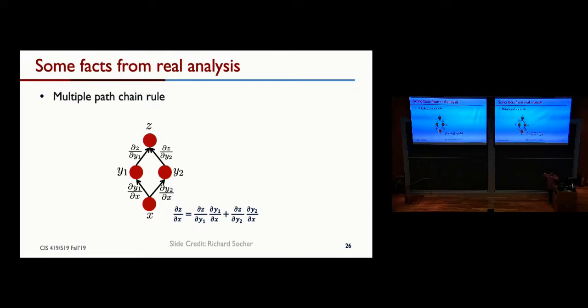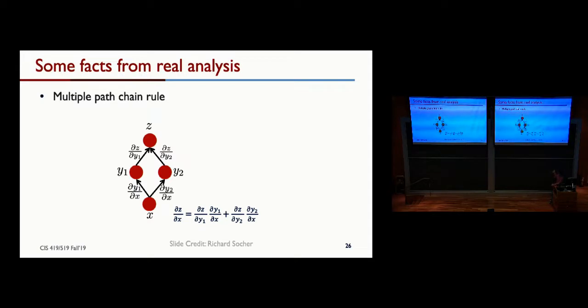Okay. One possibly last composition is if z is a function of x, but there are multiple ways to reach that, right? There are multiple paths to reach that. So here y1 and y2 are functions of x, and then z is a function of y1 and y2. This also would look similar to what we had before. So you have a single input x, then you have a hidden layer of multiple units, and then you have a single output z, right? So there are multiple paths you need to go through to find the value of z.